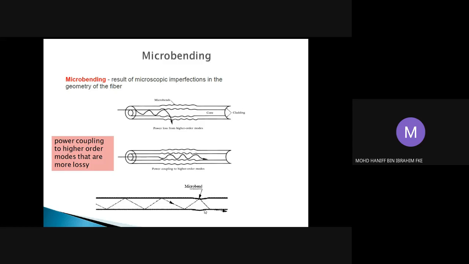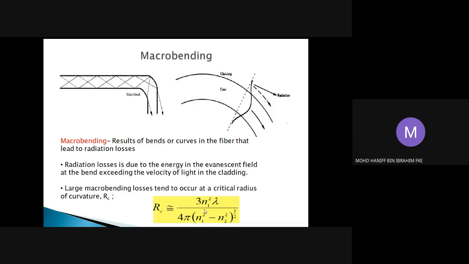So these are the things that incur losses to fiber optics transmission. Hopefully if you're asked to explain the microbending phenomena and the scattering phenomena, you can do it. You must be able to explain, or at least understand, these effects that contribute to the attenuation of fiber optics.